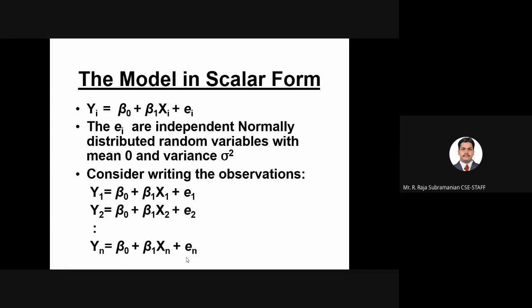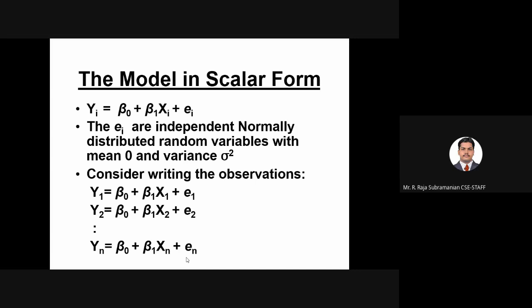And we have already seen that the most important point is the error is independent and normally distributed, right? When I say normal distribution, I say the mean will be 0 and the variance will be sigma squared. In the ideal case, it will be the standard normal distribution, where the mean is equal to 0 and the standard deviation is 1.